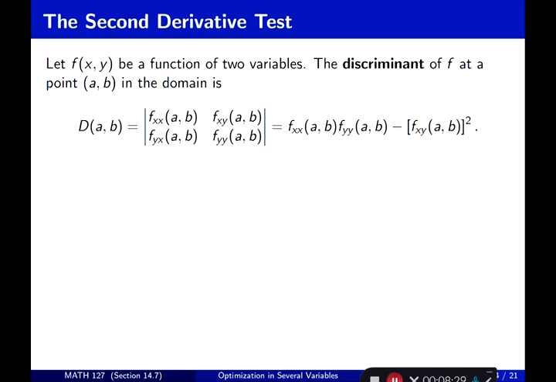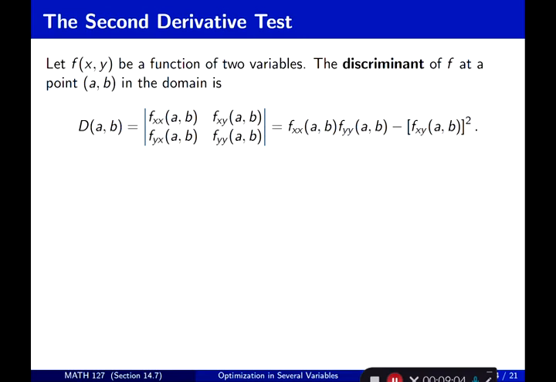So you're expecting to see some test like you did in calculus of one variable, and this time first we have to introduce a concept called the discriminant of f at a point (a, b) in the domain. This concept helps you set up the second derivative test for calculus of multivariables.